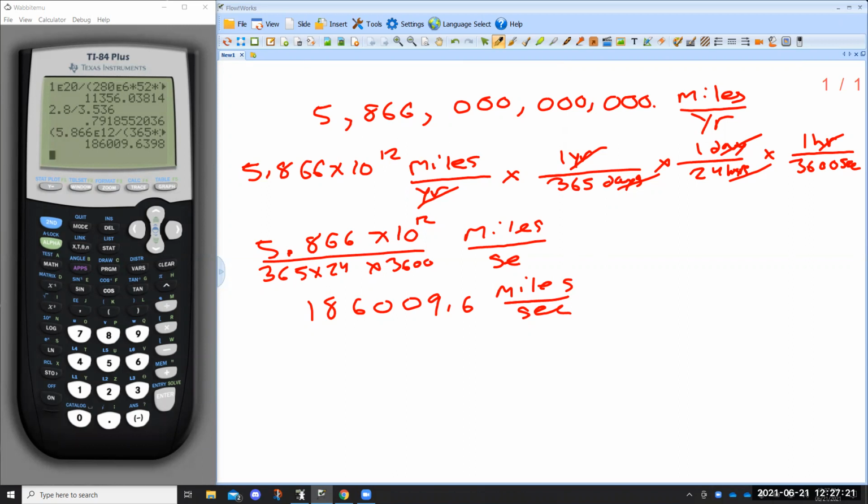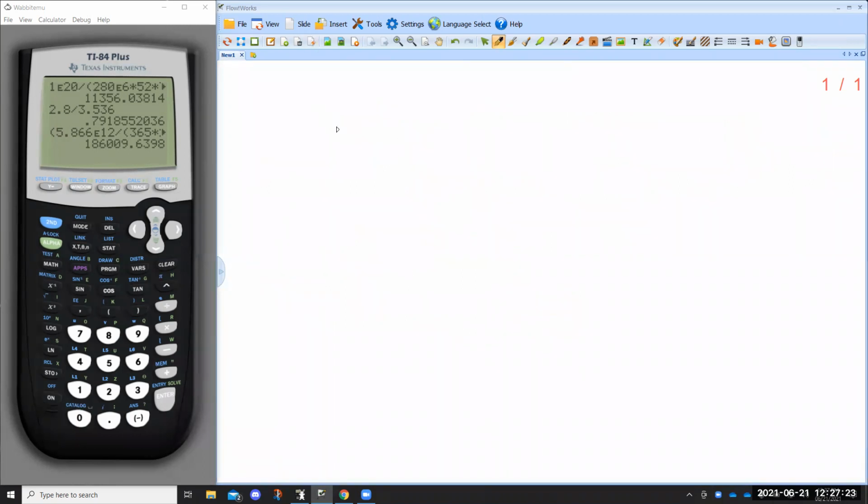Let's do number 55. Worldwide, there are approximately 132 million births per year.